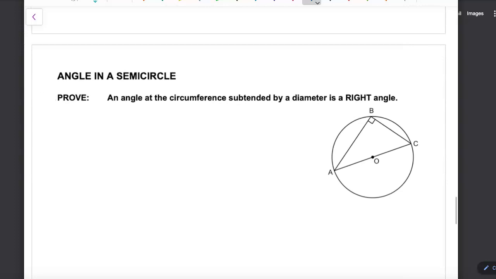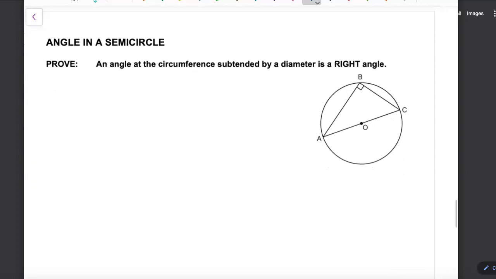Okay. And our last circle theorem that we're going to have a look at is the angle in a semicircle. It says prove an angle at the circumference subtended by a diameter is actually forming a right angle. You can see by the picture, I've got my diameter going through from point A to point C through the centre O. And so I've got the arc AC, and I've got a point on the circumference B that is in that arc.